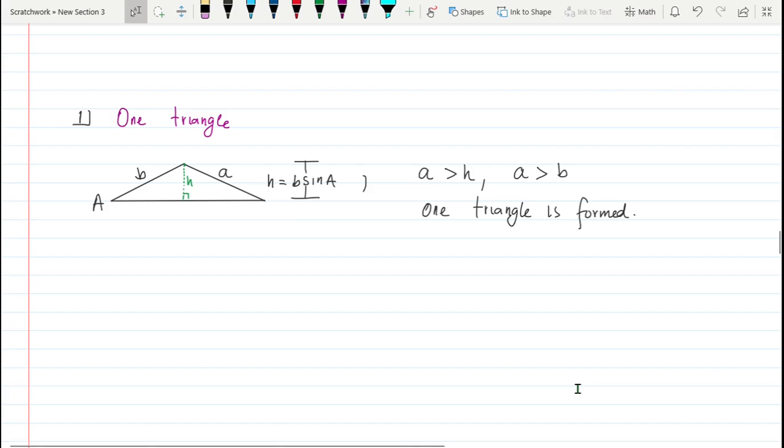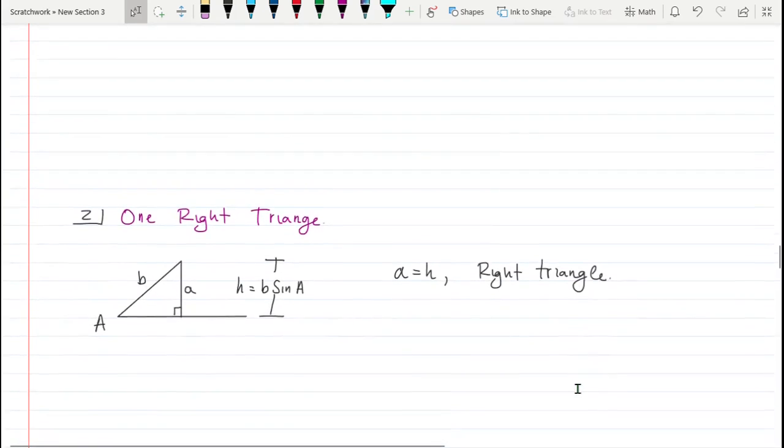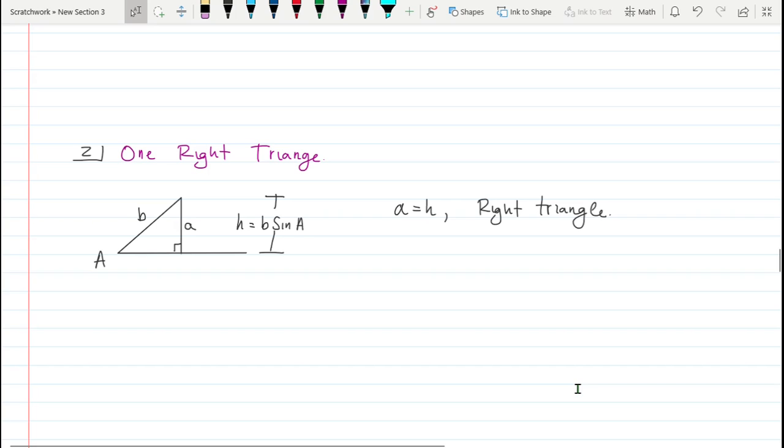That's one case. The second case is that we have a right triangle, okay? And that happens when A is the same as the height, okay? So obviously here would be h, and the height of the triangle is the same as the length of A, and in which case we would have a right triangle, and we know how to work with those, but we can also apply the law of sines to it if we needed to, okay?